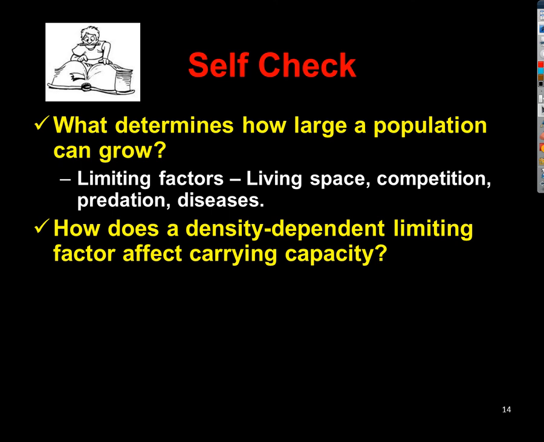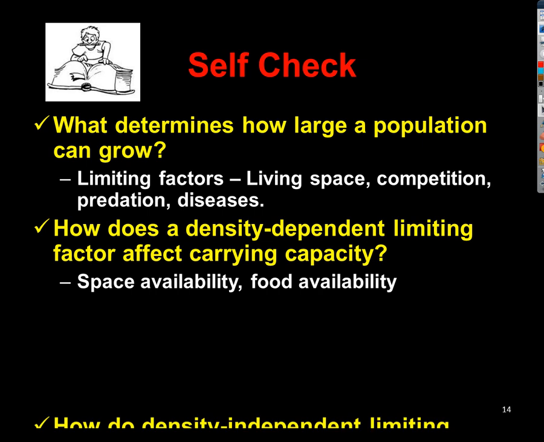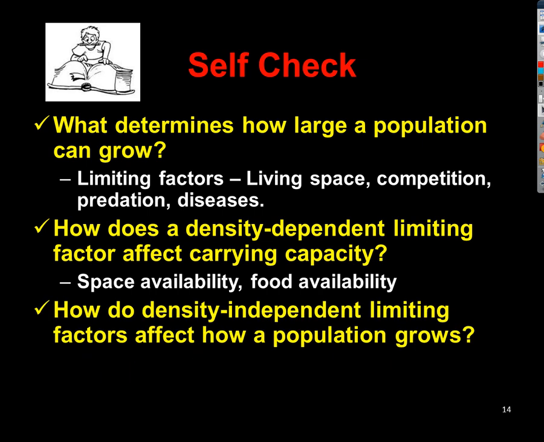Density dependent limiting factors, how can those affect the carrying capacity? Well, obviously space availability is going to be a big one, and food availability. When space starts to run out and food starts to run out, then carrying capacity will be met. How do density independent limiting factors affect population growth?